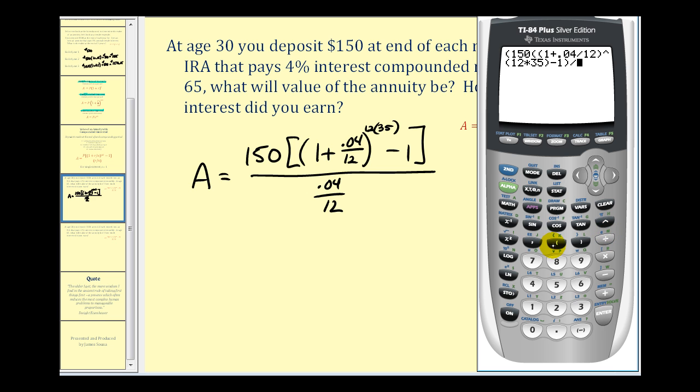Then we'll divide this by a denominator of 0.04 divided by 12. $137,059 and approximately 64 cents.